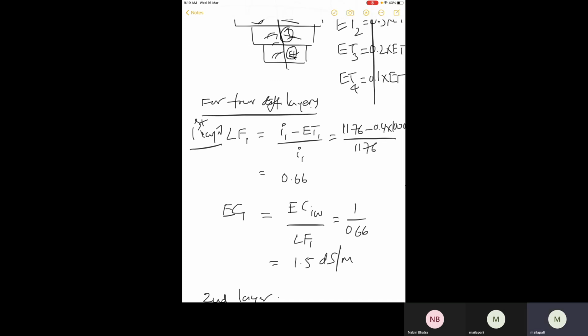The entire root zone as one layer, how much do you get? That is 0.15. We didn't do this. 1 divided by, I'm sorry, I think there is some mistake here.